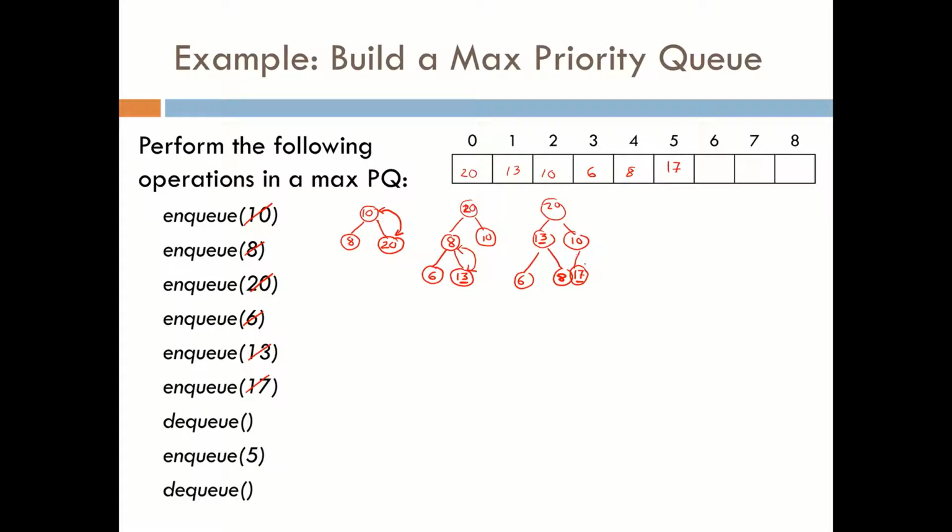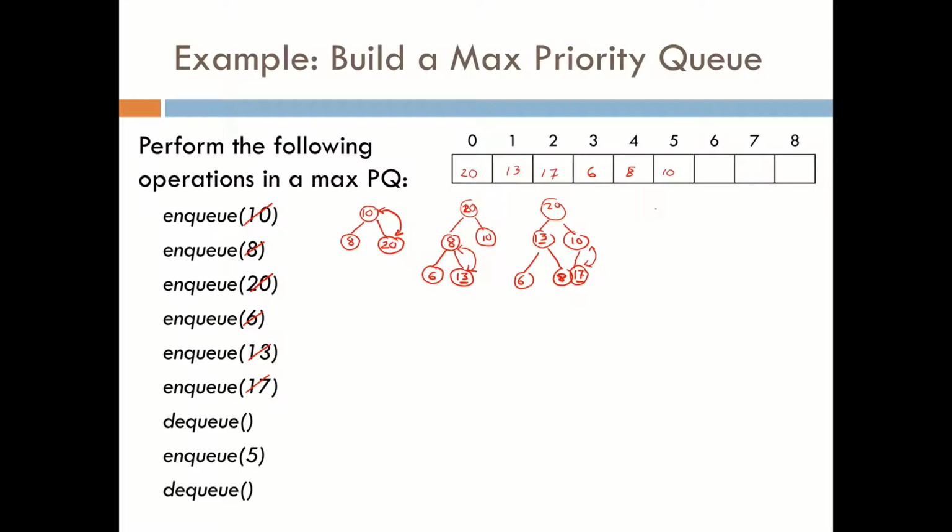So we swap these two nodes. And then our tree now looks like this. Let's make that swap in the array itself.